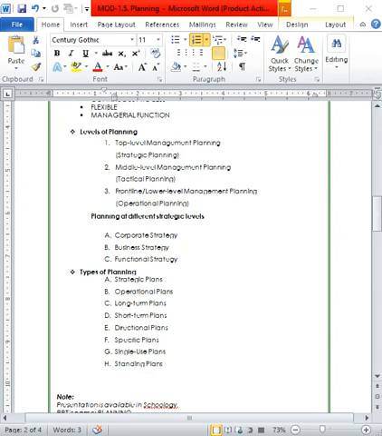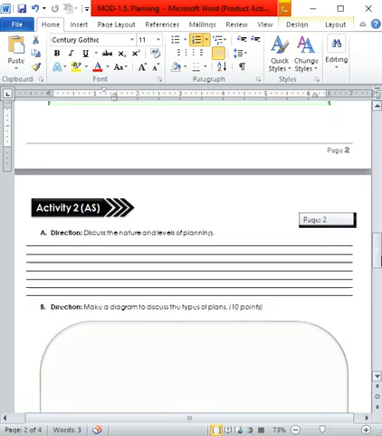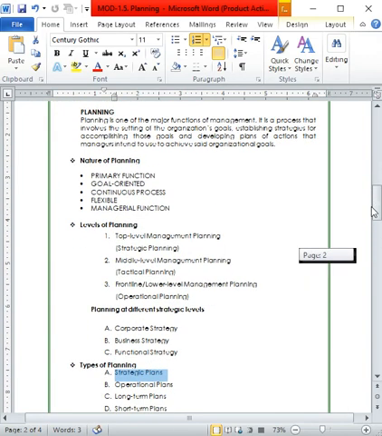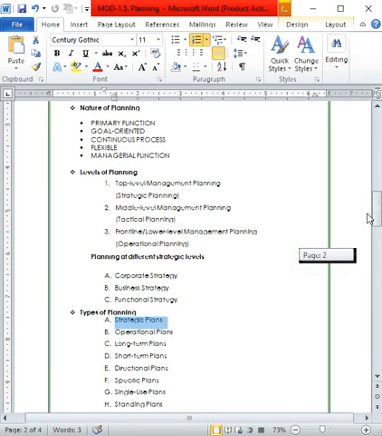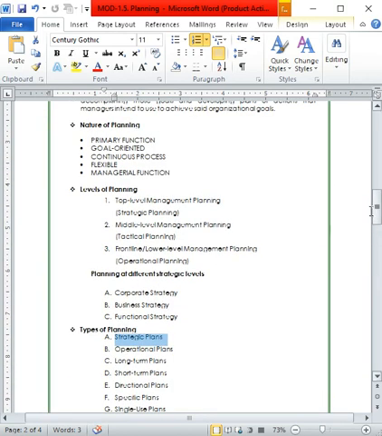For this one, you just have to discuss the nature and levels. Again, the nature: what are those? The primary function, goal-oriented, continuous process, flexible, and managerial function. And for the levels of planning, we have three, right? Top level, middle level, and lower level.